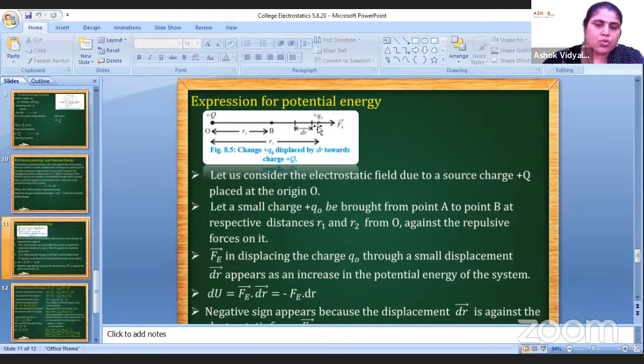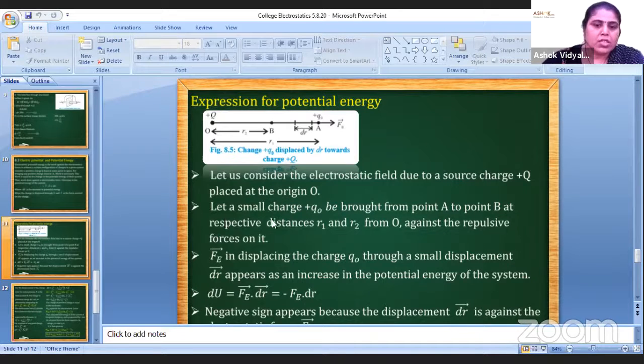Now we have to displace this charge by a small distance dr, and finally up to B, against the force of attraction, that is the electrostatic force. Therefore, let us consider the electrostatic field due to a source charge, the positive Q placed at the origin O.